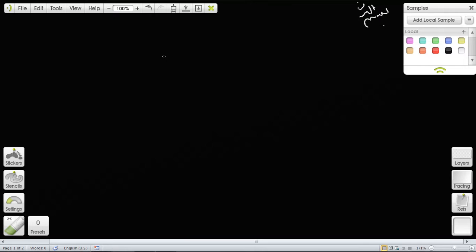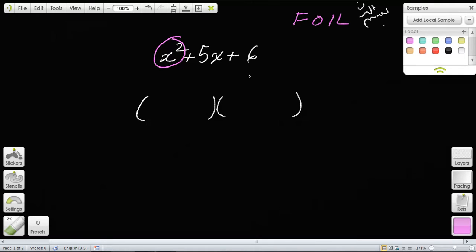Okay, so what does that mean? All right, so here it is, x squared plus 5x plus 6. Now we know what this is going to factor into, right? So we're going to use this as an example. So the first thing you do, as I said, is you look at this term, okay, and you keep in mind foiling, which would take this over here, right?